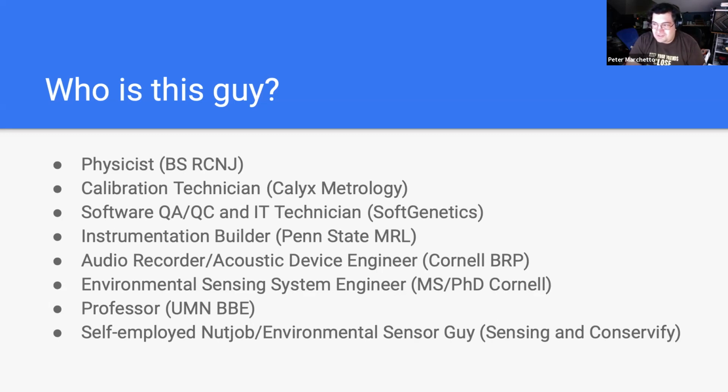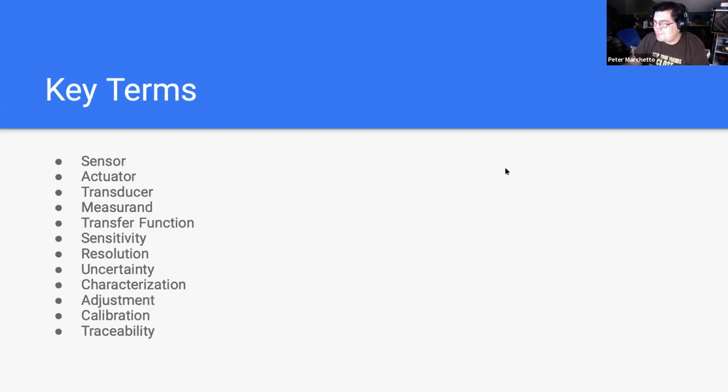Then I was an instrumentation builder and audio recorder / acoustic device engineer. And then the rest of this stuff, yeah, self-employed nut job. That was what I had right before I started working here. So I'm still doing that on the side.